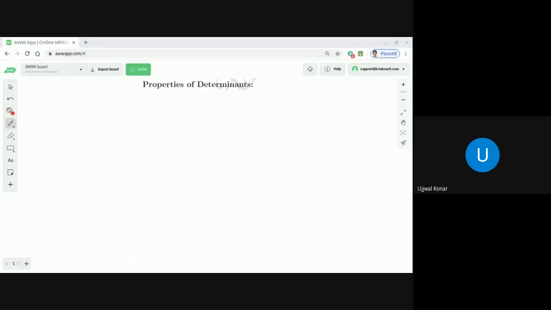The first property says that the value of a determinant remains the same if its rows and columns are interchanged. So let me give you an example.